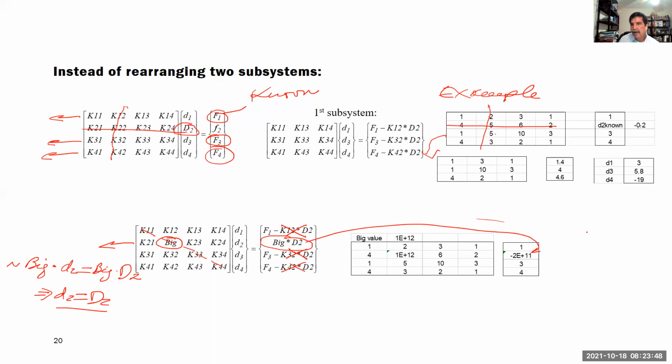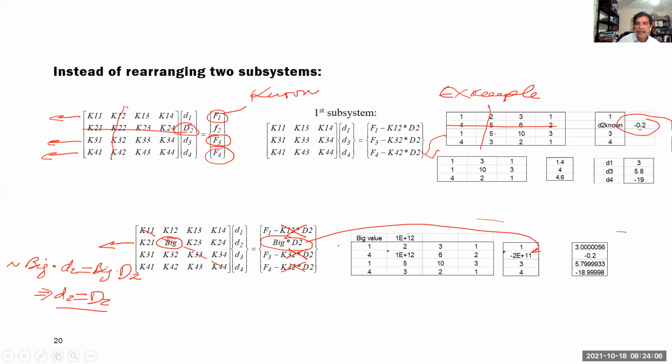In this case, the known value is here. So the result is minus 0.2 times that, which is going to be minus 2 times 10 to the 11th. And the other values are F1, F3, and F4.